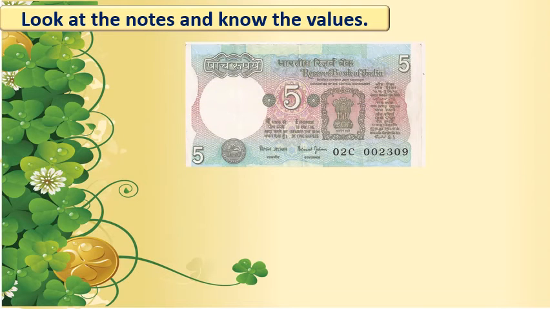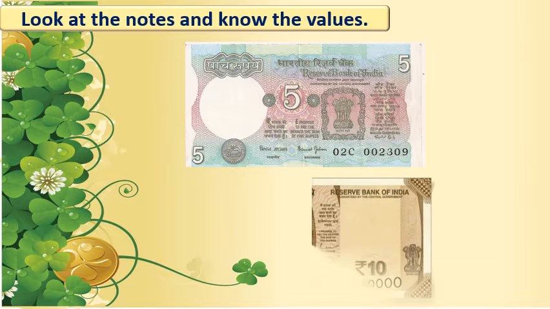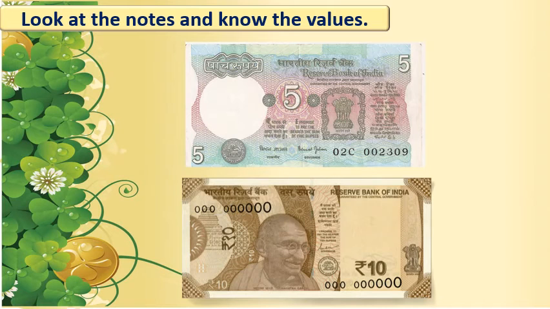This is 5 rupees note. This is 10 rupees note. We get 5 rupees coin also and note also. Again we get 10 rupee coin also and note also. This 10 rupee note is a new one, isn't it?